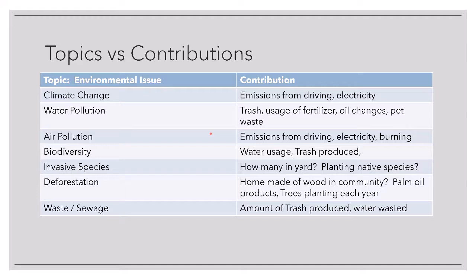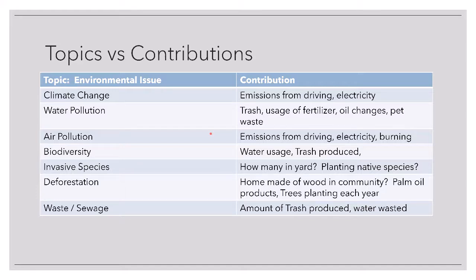Deforestation: how many homes in your community are made out of wood? How many objects do you have that are made out of wood? A lot of candy, certain hair products, and a lot of products in the grocery store actually use palm oil.